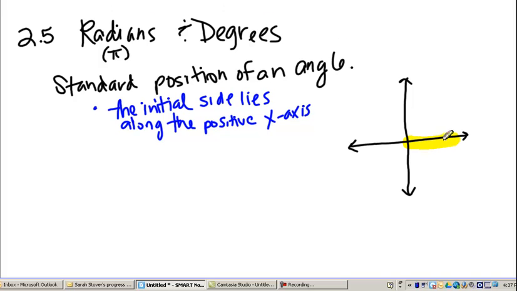This is the starting position. Okay? It will always, always, always be that.